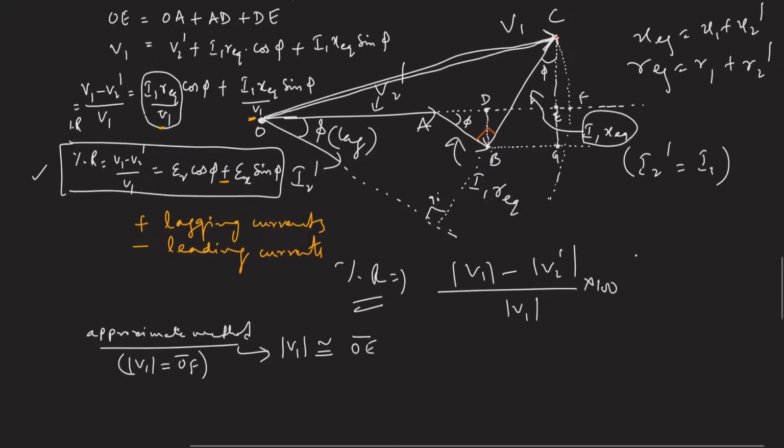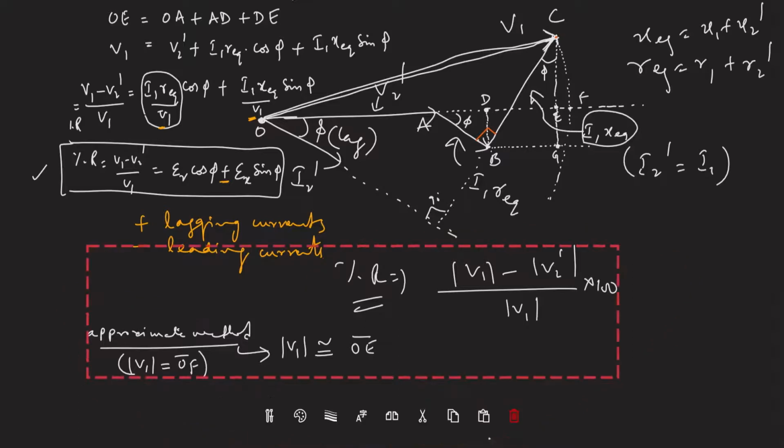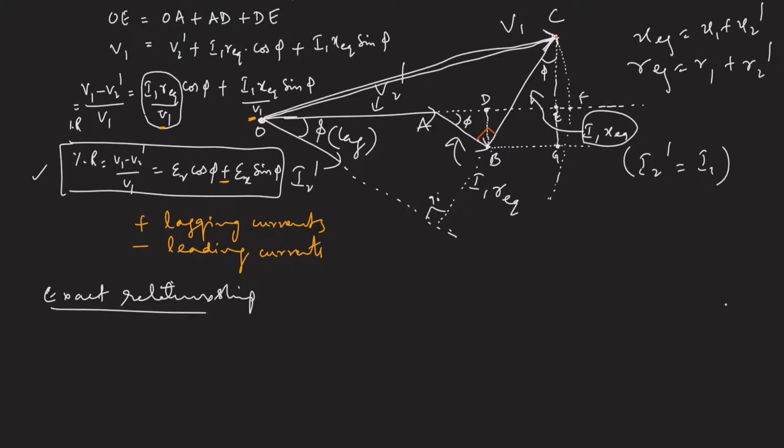So what I do is I'll erase this one. Now I can also write down, this is the exact relationship, right?